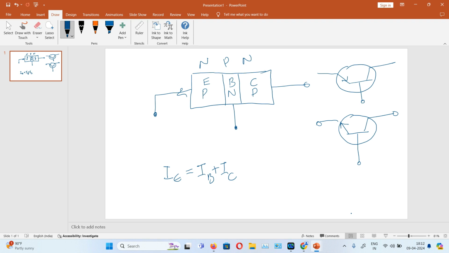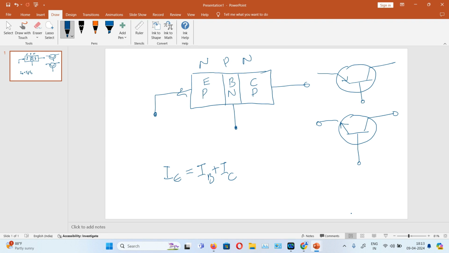But the thing is that the current IB, the current flowing through the base, is actually helping to flow the current from collector to emitter. When the transistor is biased according to a requirement, the current flowing through the base is controlling the current flow from collector to emitter.